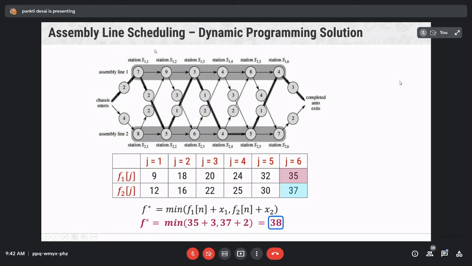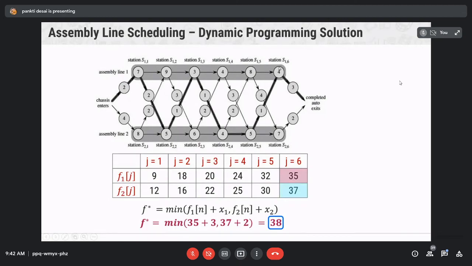So this is the assembly line scheduling problem. The optimal path for assembly line scheduling will be line 1, station 1, then line 2, station 2, then line 1, station 3, then line 2, station 4, then line 2, station 5, and line 1, station 6.